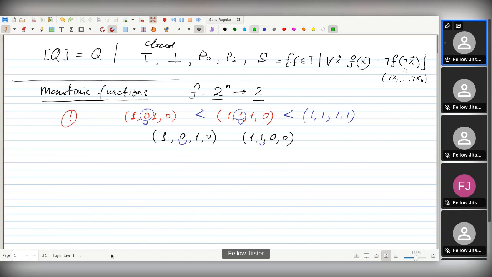But with respect to the third coordinate, the situation is reversed. So, in fact, neither the left-hand side is less than the right-hand side, nor the right-hand side is less than the left-hand side. So, these are incomparable.